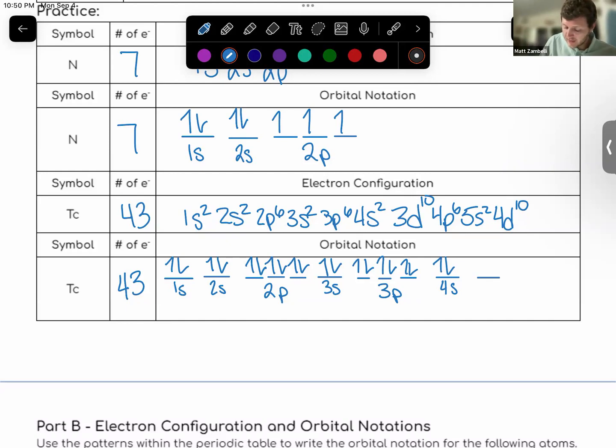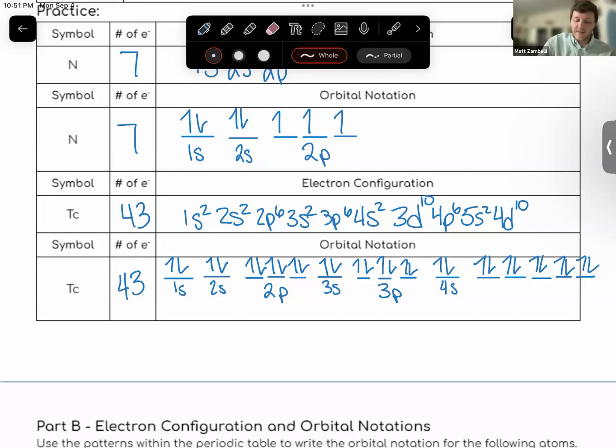Because only 2 electrons can fit in each orbital, we need to draw 5 lines. One, two, three, 4, 5, 6, 7, 8, 9, 10.